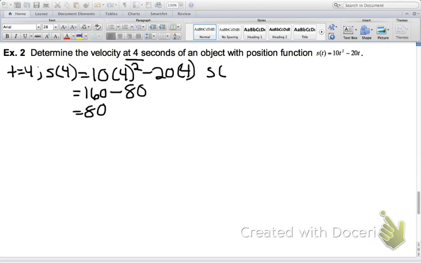And s at 4 plus h is equal to 10 times 4 plus h squared minus 20 times 4 plus h.